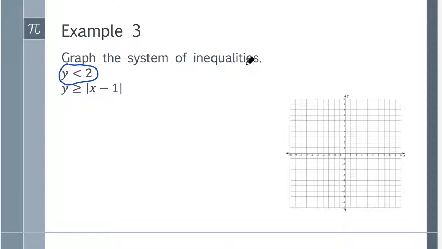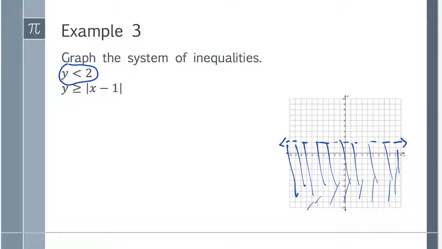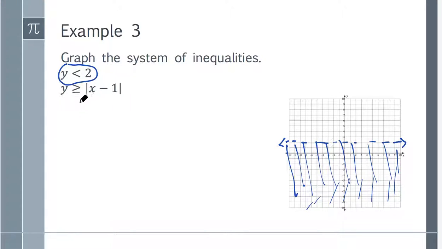Let's try it again. We want a dashed line anyway. I completely messed that up. Dashed line, y is 2, and we want less than, so we shade anything below that line. Looks beautiful.